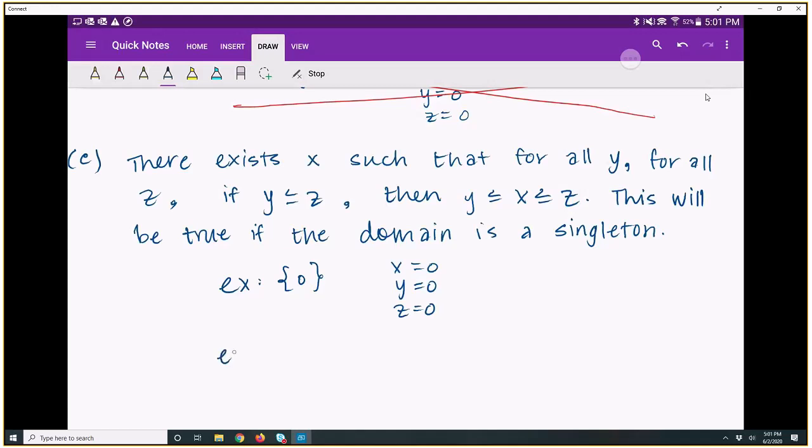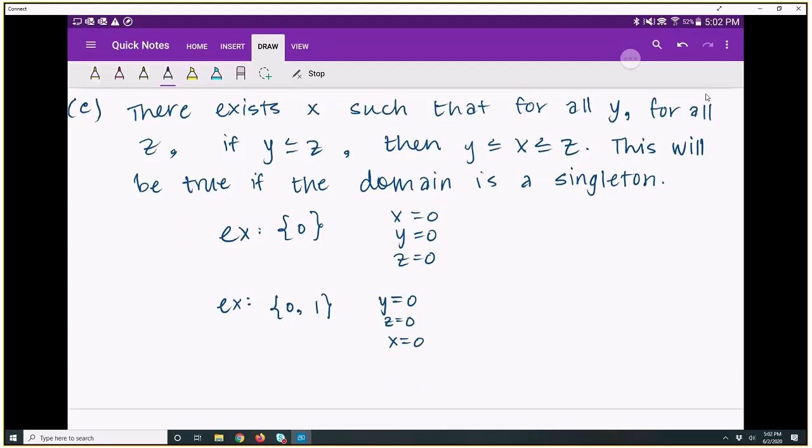Then what if I had this as 0, 1? I'm looking for a single x that will work no matter what I pick for y and z. So let's say I pick y equal to 0 and z equal to 0. Then I could pick x equals 0, and this will still work. But then x equals 0 will have to work for all possible choices of y and z.